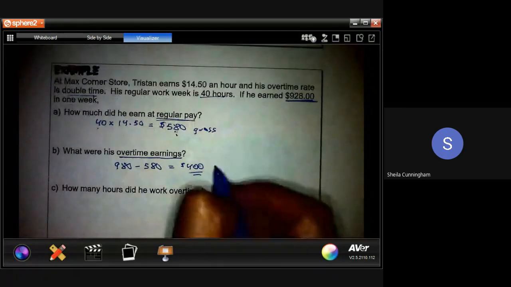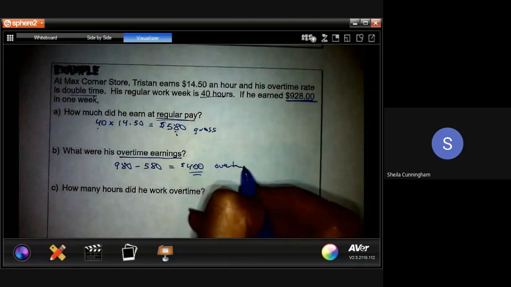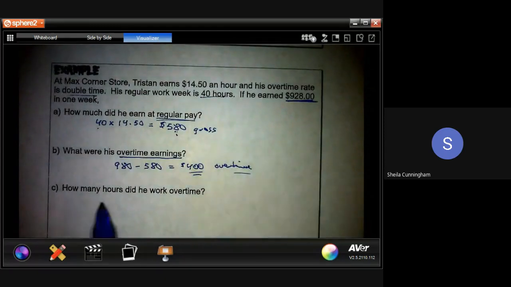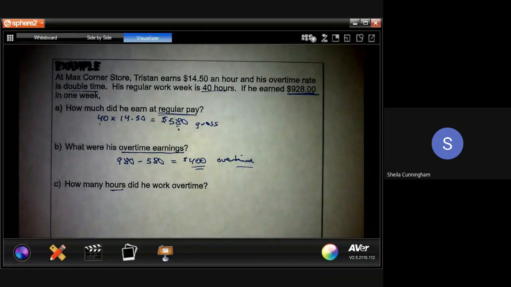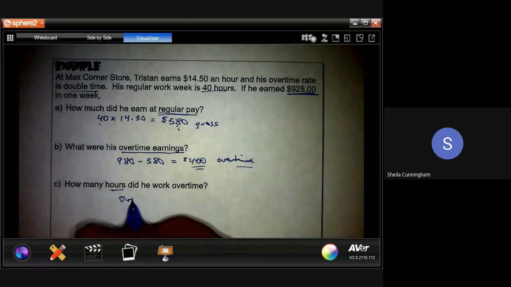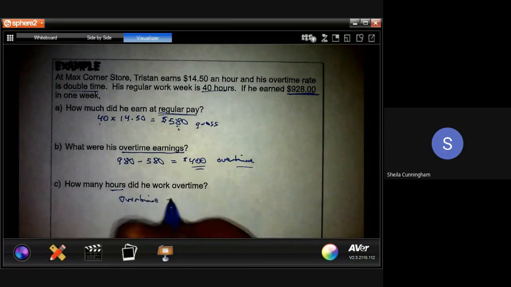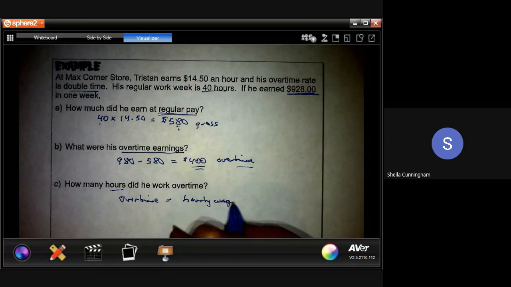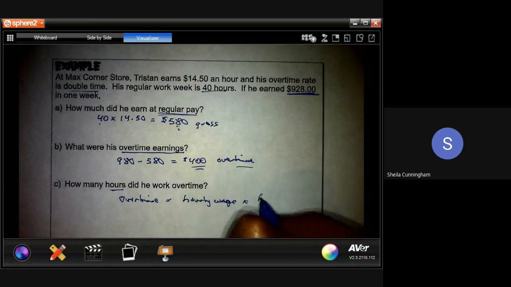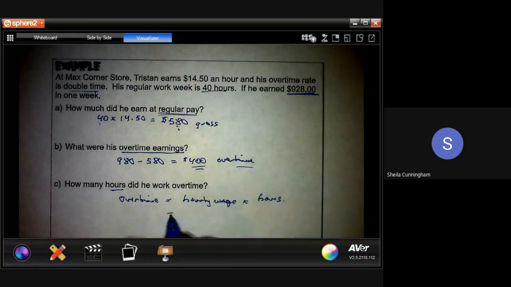So this is overtime earnings. Now we want to know how many hours of overtime did he work? Well, overtime is simply taking an hourly wage and timesing it by how many hours. So we know he made $400.